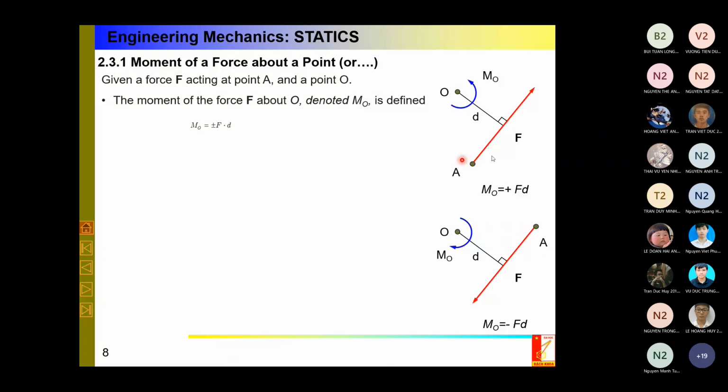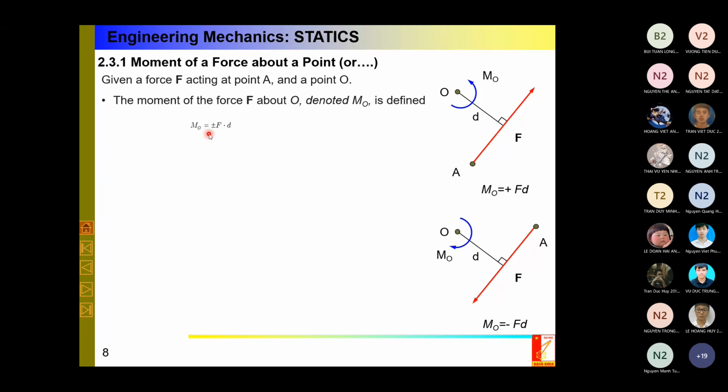So in this case, I have force F, point A here. And I define the moment of a force F by this product F times distance D. I measure distance D in the plane from point O to the line of the force. Okay, so in this case I have F times D. You see that here I have the sign plus or minus.